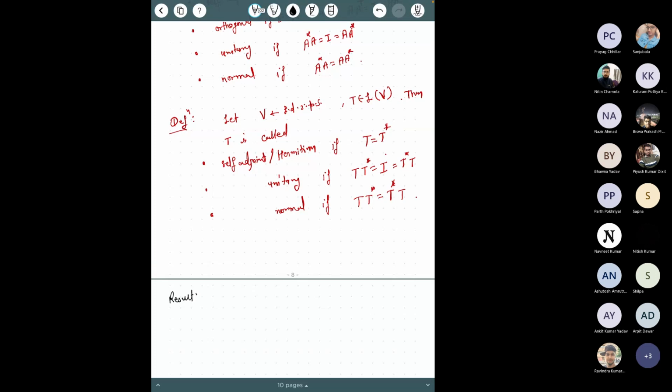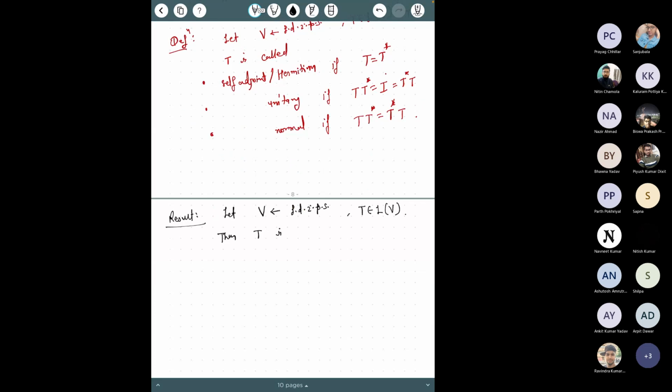Suppose that we have a finite dimensional inner product space, and suppose T is a linear operator. Whatever I'm writing next gives you a way to check whether a given operator is Hermitian or unitary or normal by looking at their matrix representations.